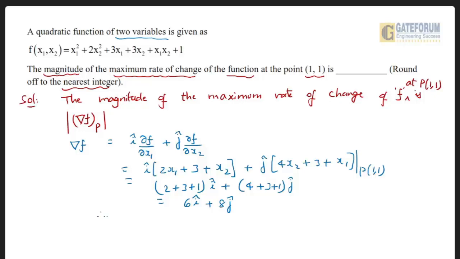Therefore, mod del f at the point P is nothing but the modulus, meaning magnitude, square root of the sum of the squares of the coefficients of i and j. 6 square plus 8 square, 36 plus 64, 100. So this simplifies to 10. So the answer to the nearest integer: the answer is already an integer. So the answer is 10. This is the end of the question.